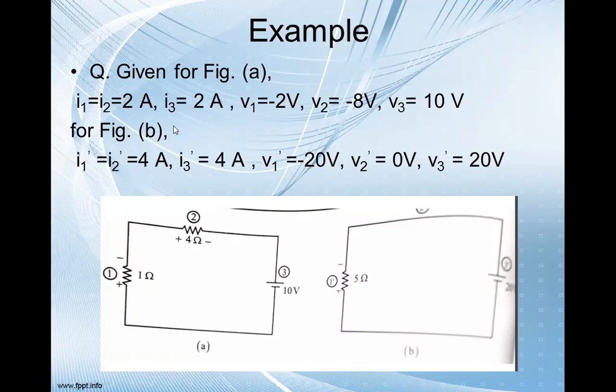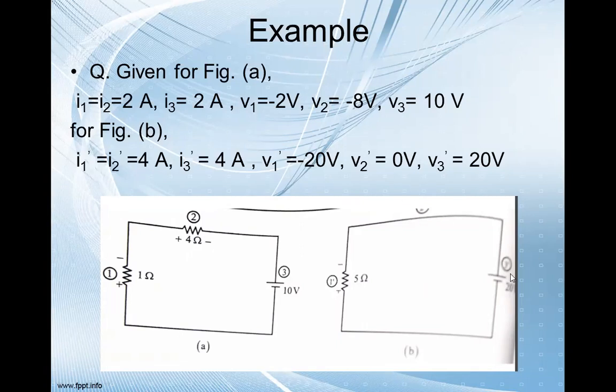Here it is given that I1 equals I2 equals 2 ampere. This is I1, this is I2, equal to 2 ampere. And the voltages are V1 equal to -2 volt, V2 equal to -8 volt, and V3 equal to 10 volt. In figure B, this is I1 dash and this is I2 dash, which is 4 ampere.